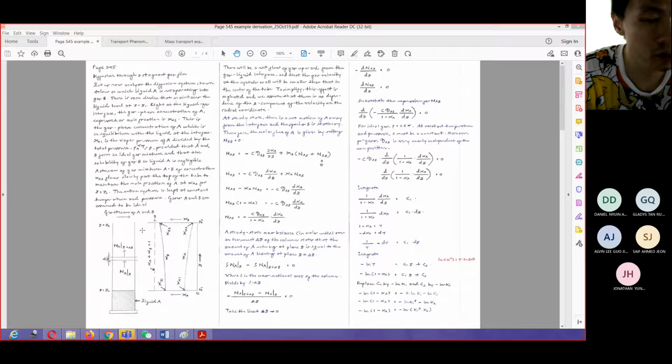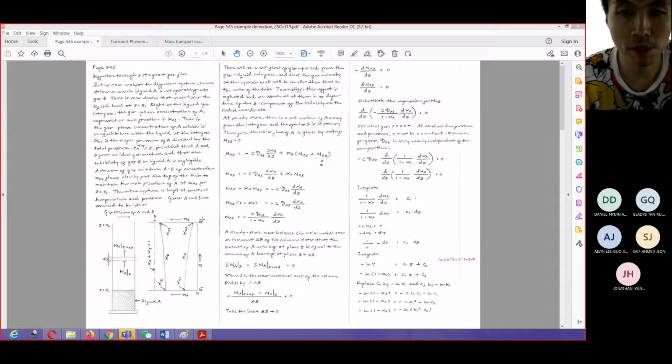So what is known from this problem is the mole fraction of A at the interface between the gas and the liquid, and also the mole fraction of A at the top of the glass container. The entire system is also kept at constant temperature and pressure, so the system is isothermal and isobaric.